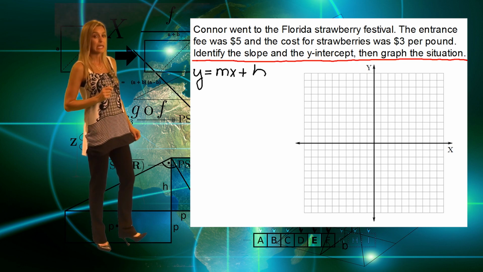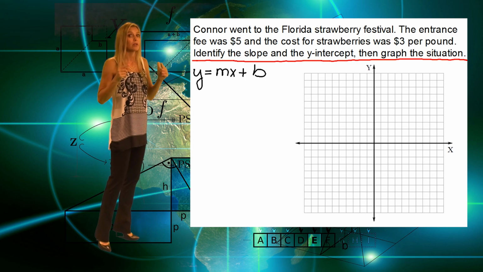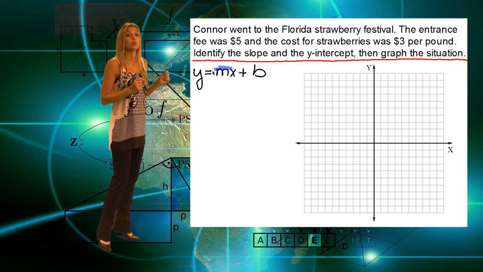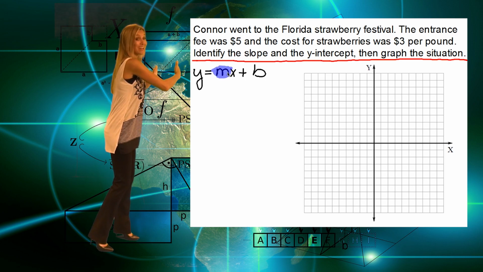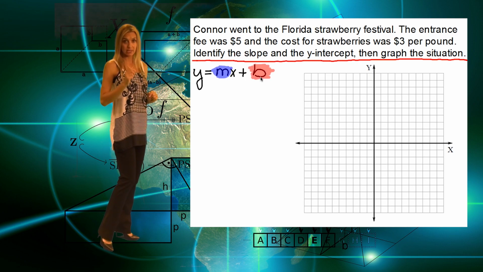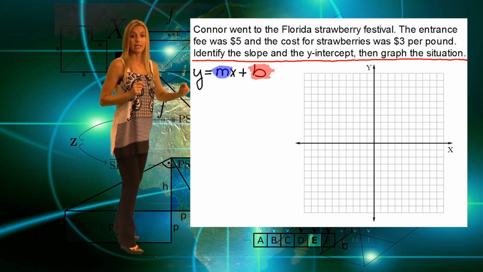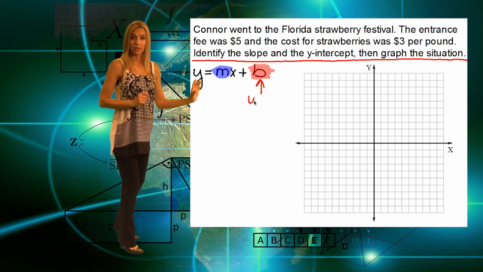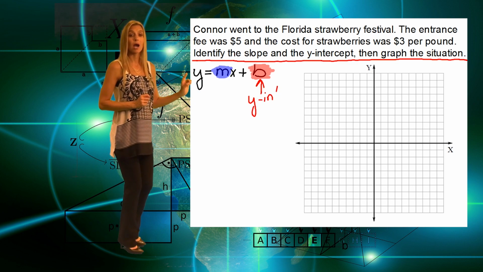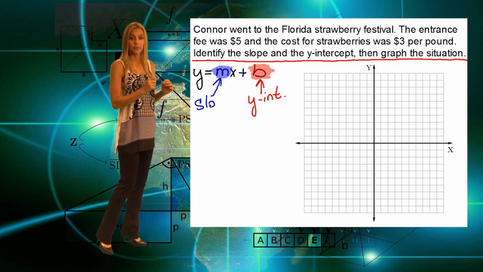When I read the word graph, right away I think about the slope-intercept form, which says y equals mx plus b. And I know I am replacing 2 letters with numbers. One letter is the m, and the other letter is the b. And I know the b is the y-intercept, and that is the starting point. And m is my slope.